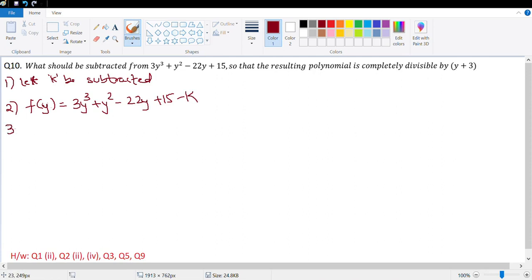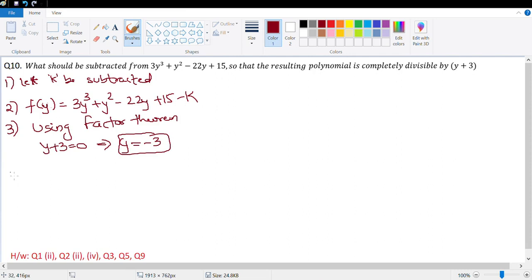Since this is completely divisible, which means using the factor theorem, we have y plus 3 is equal to 0, which means y is equal to negative 3. Now, since it's a factor, the value of the expression when the value of y is negative 3 will be equal to 0.